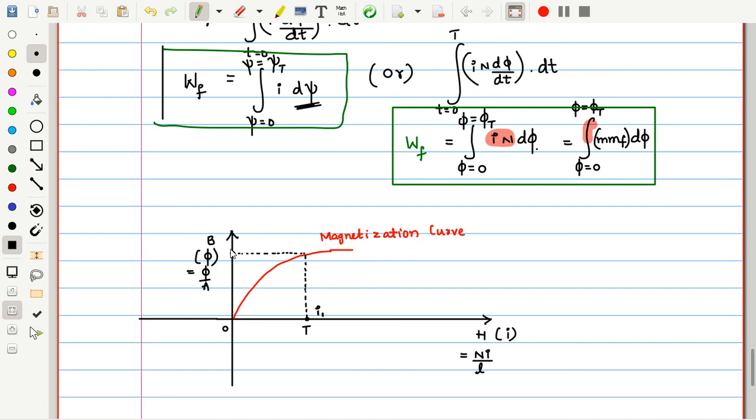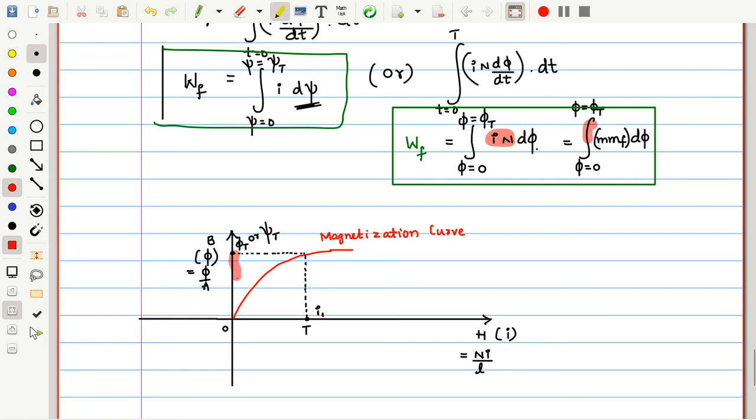The flux or flux linkage, you can say this axis is either of these two, it's your wish. So if the flux is raised to phi t or the flux linkage is raised to psi t, try to understand this. Now the area under this characteristic with reference to psi, that is flux linkage, which area does it represent?